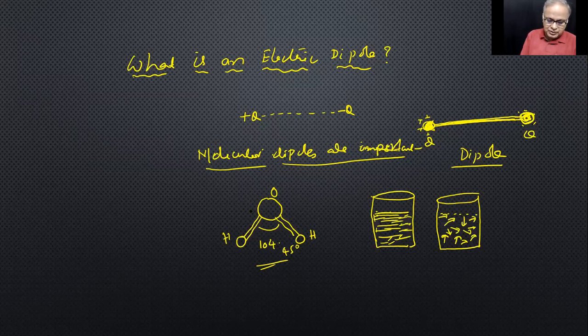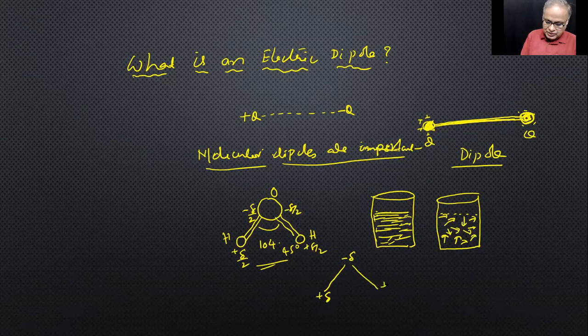So we say a partial negative charge, minus delta, is formed there, and plus delta here. For this case, I'll say minus delta by 2 and plus delta by 2 here, minus delta by 2 and plus delta by 2 there. As a whole, there will be minus delta negative charge on oxygen and plus delta positive charge on each hydrogen. So there are two dipoles here. The dipole moment direction is from negative to positive.